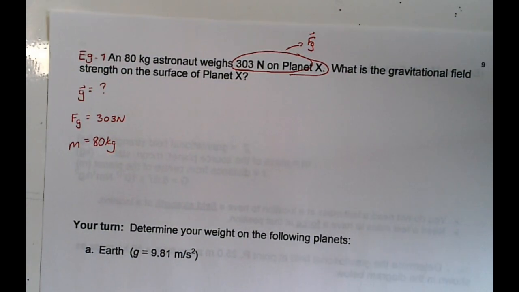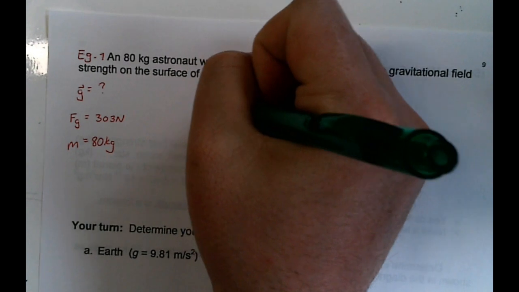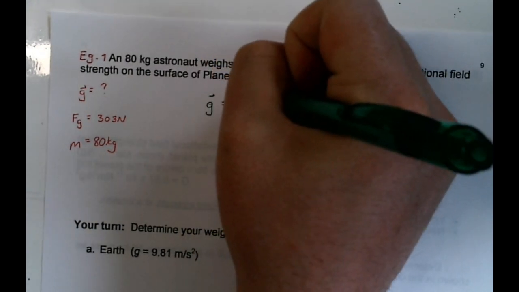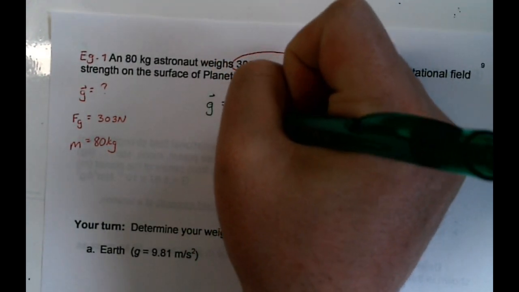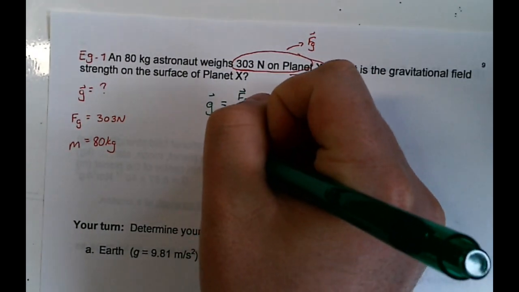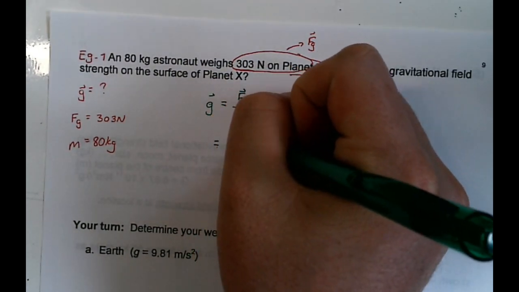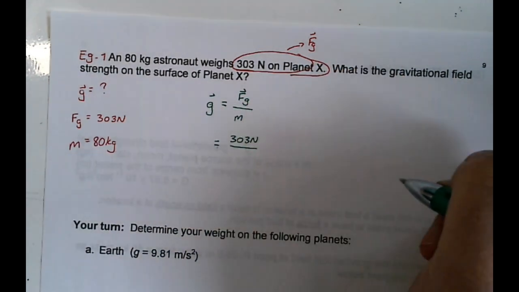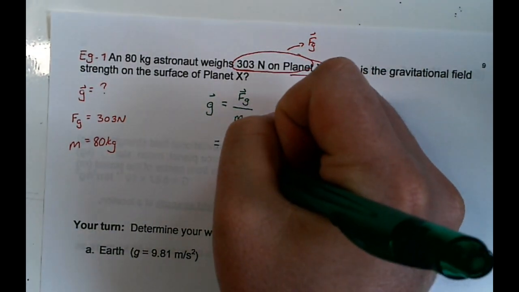So using our formula, g is equal to Fg over m. We have our force due to gravity of 303 newtons, and the mass of the astronaut is 80 kilograms.